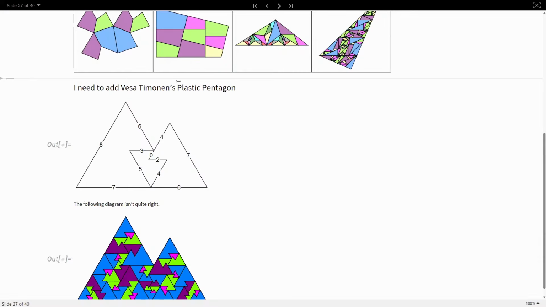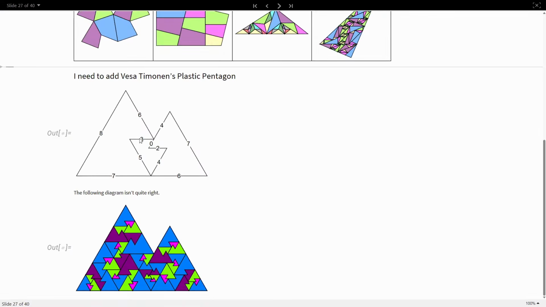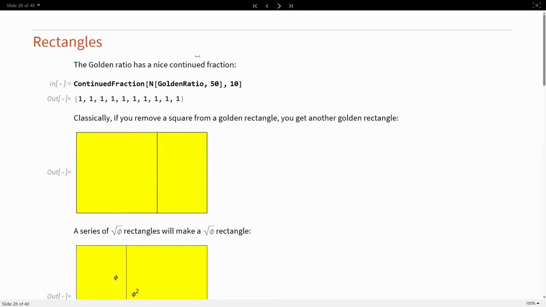And one I need to add is the plastic pentagon by Vesa Timonen. Here's how the powers of the square root of the plastic constant are set up on the edges. And I need to fix my code so that this diagram is more correct. So I need to do some code work and update my database on substitution tilings.